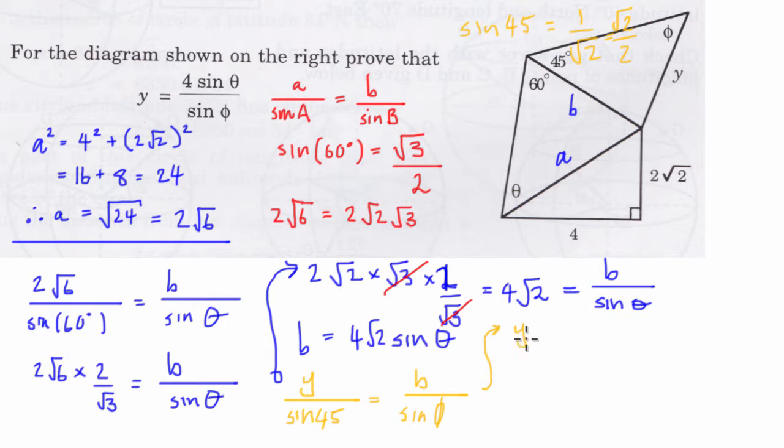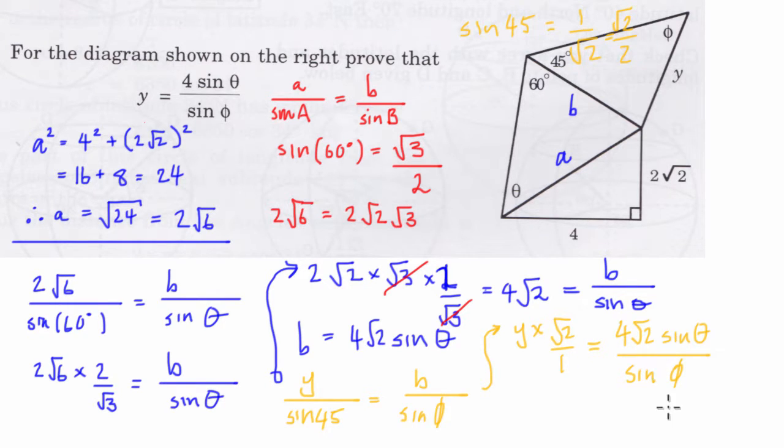This is equal to y times the square root of 2 over 1 is equal to b, which is 4 square root 2 sine theta over the sine of this new one, sine phi.